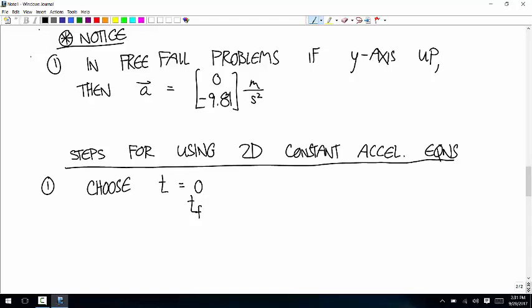Anybody have an idea what would be the two-dimensional version of choosing your 0 position? The origin of the coordinate system, yeah. So you have to choose where your origin is located, where your coordinate system's located. And then does anyone have an idea what would be the two-dimensional version of choosing the positive direction? That's right, just the orientation of the coordinate system axes.